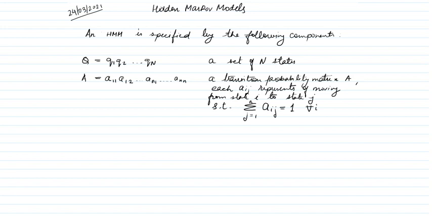So that means the transitions from one state to all the other states have probabilities summing up to 1.